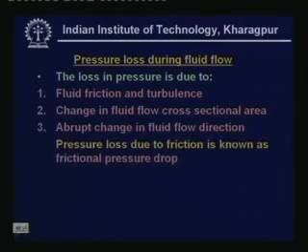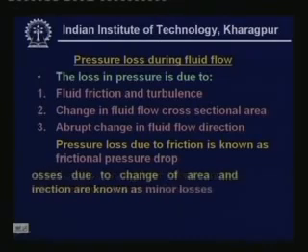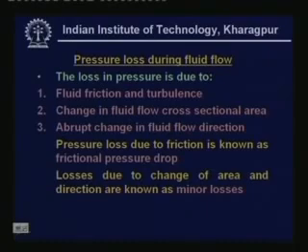A pressure loss due to friction and turbulence is known as frictional pressure drop, and pressure drop due to change in cross sectional area and abrupt change in fluid flow direction is known as minor loss. That means all losses due to friction and turbulence are known as frictional pressure drops, and losses due to change in cross sectional area and change in direction are known as minor losses.